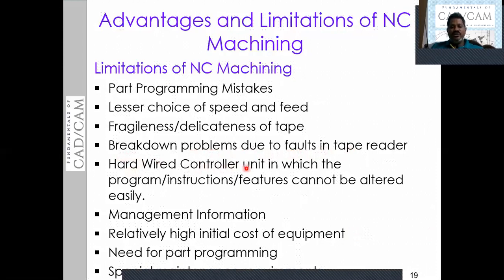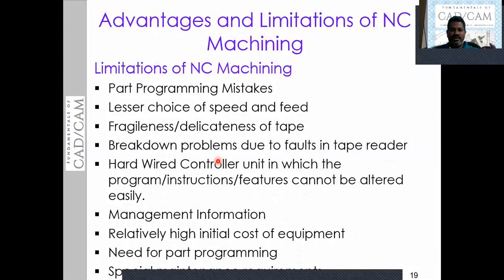Then the hardwired control unit, in which the program instructions and features can't be altered easily. If it is software, means if you have a computer and there is any error, you can easily go to the program line and adjust or alter the program. If it is a hardware control unit, it is somewhat difficult to alter the program.